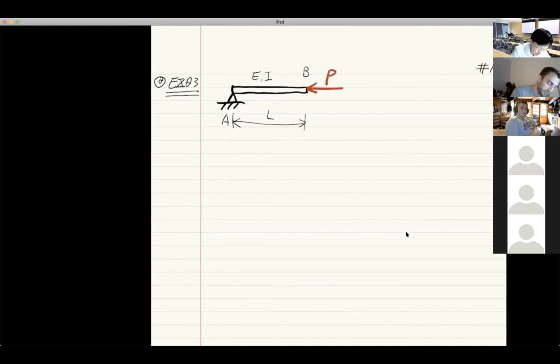We suppose that there is a rotational spring at point A, at the support A. That means this is a rotational spring, and the rotational spring constant is K sub S.